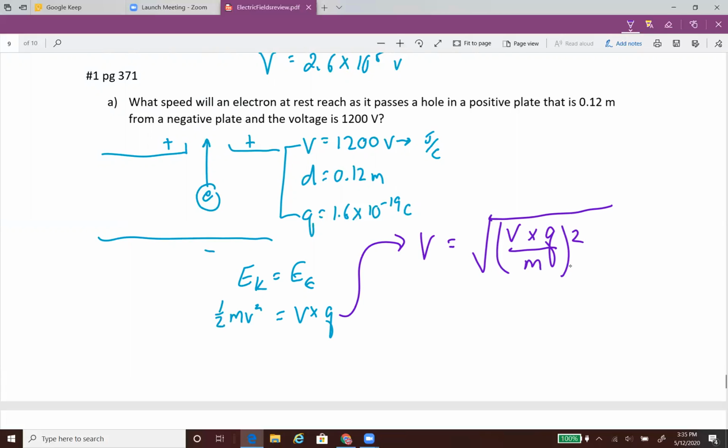Working that out: the square root of 1200 volts, times the charge of the electron, times 2, over the mass of the electron.